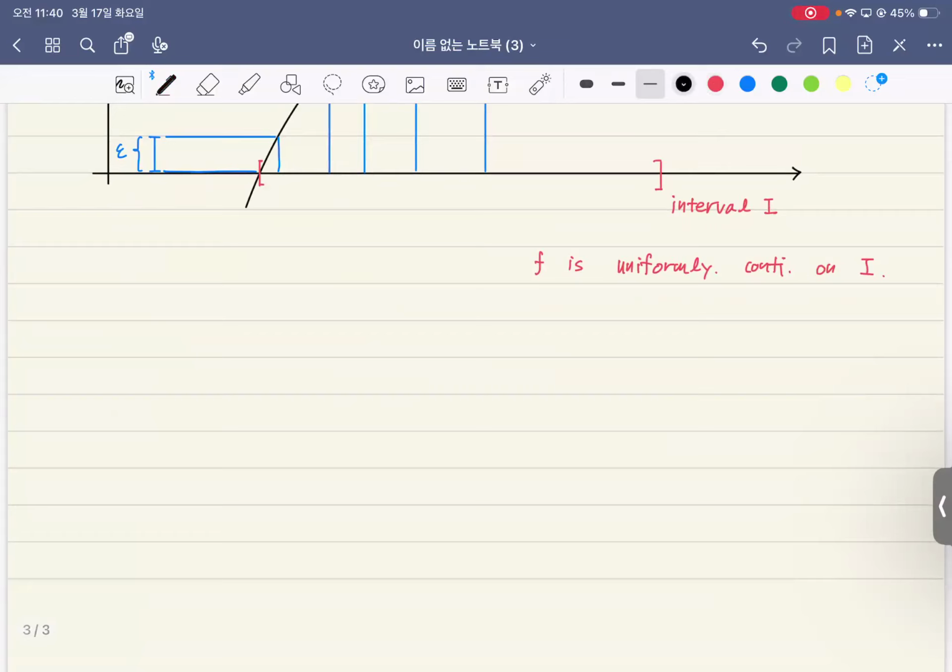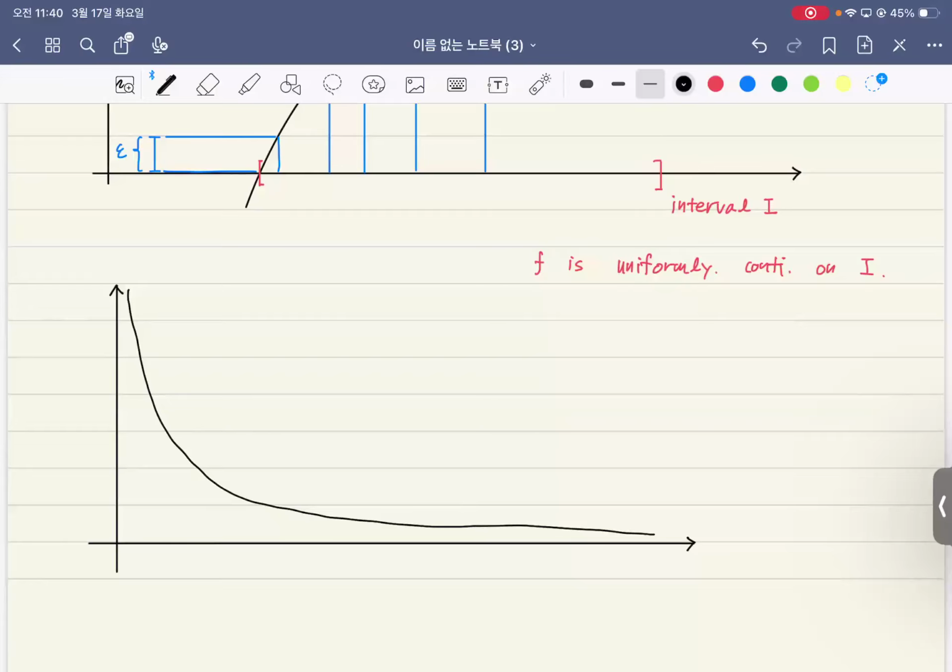And this is a non-example. This is the graph of y is f of x.